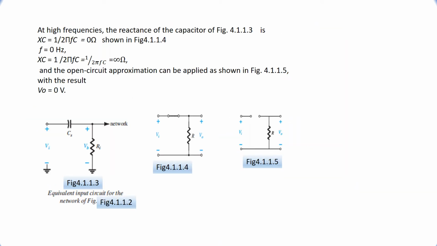At higher frequencies, the reactance will be working in this way. Here it is working as a short circuit, where V0 is equal to Vi. At low frequency, the capacitor is working as an open circuit, so V0 is equal to 0 volts.